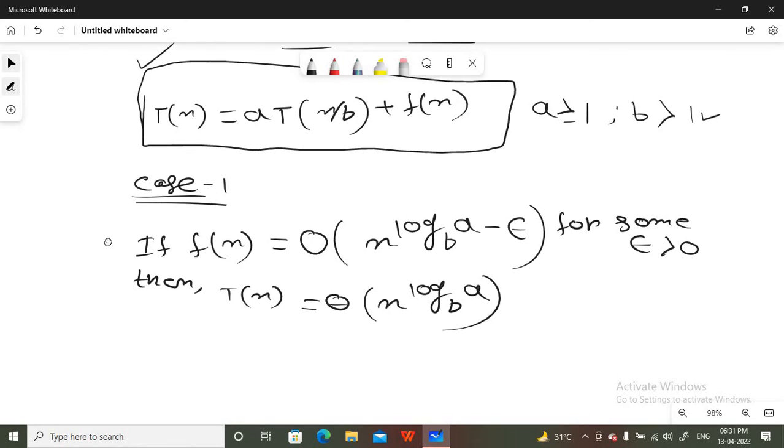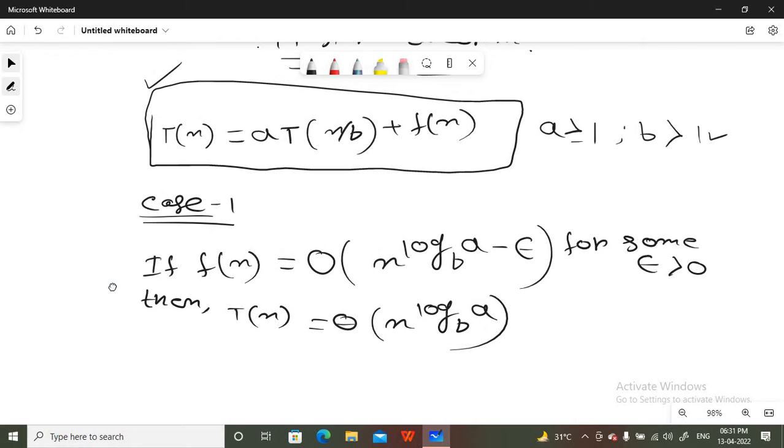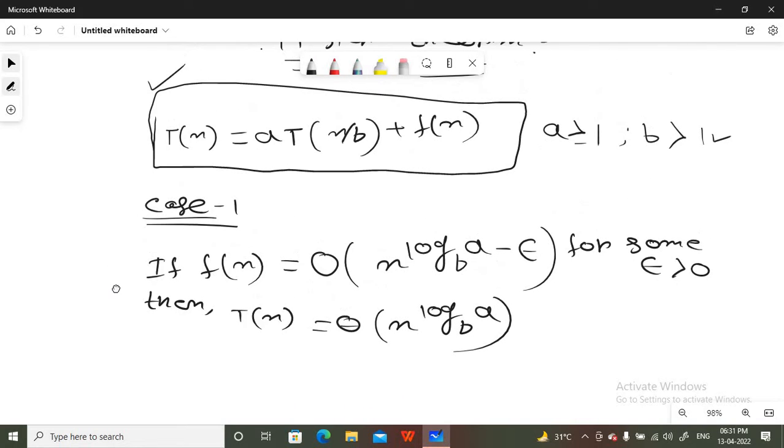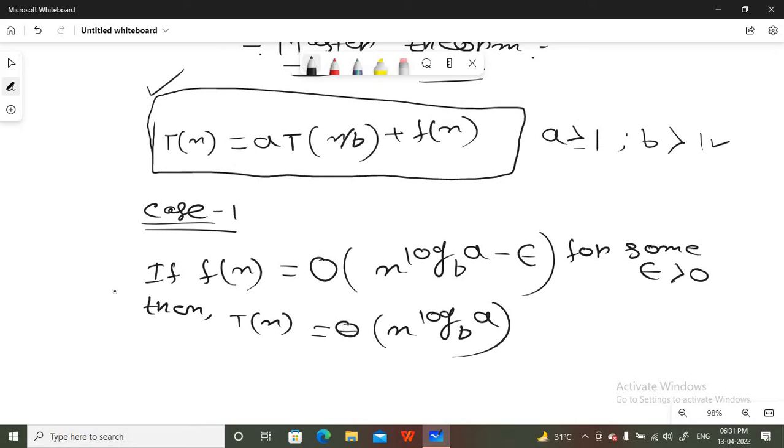Now, case 1 is saying that if f of n equals order of n to the power log base b a minus epsilon, where epsilon is greater than 0, then we can identify very easily that the time complexity is theta of n to the power log base b a.